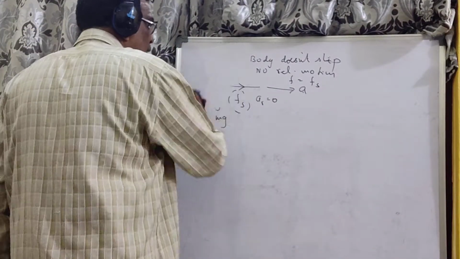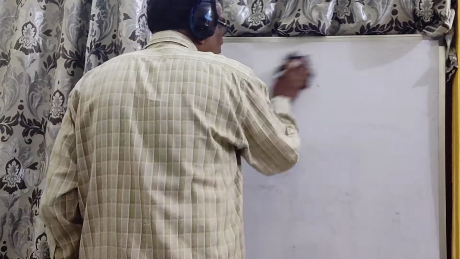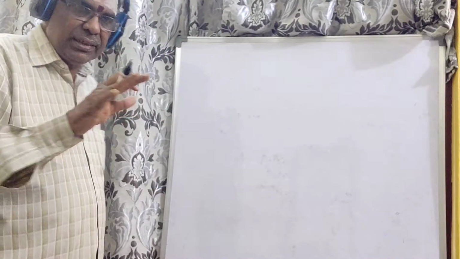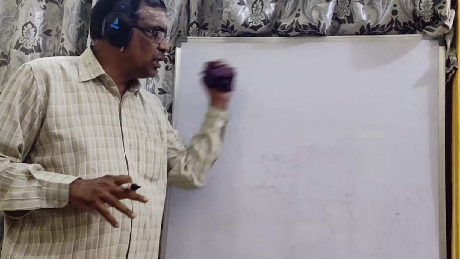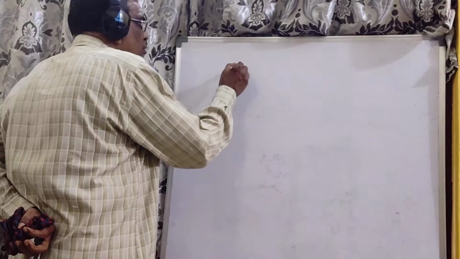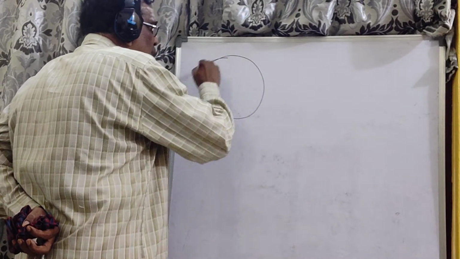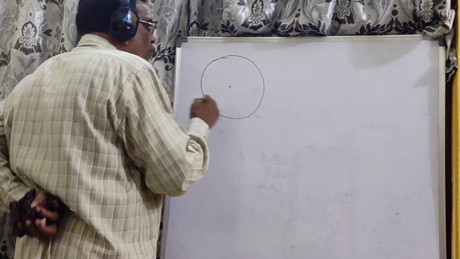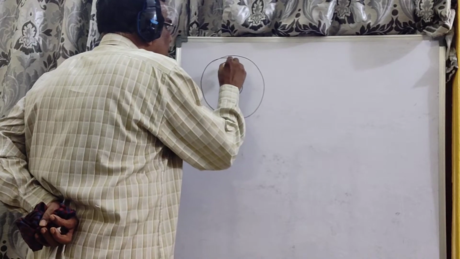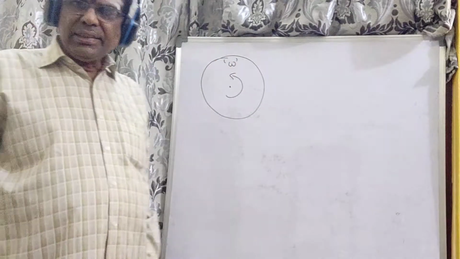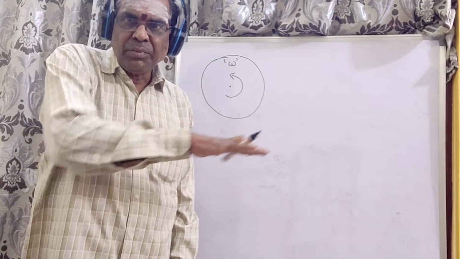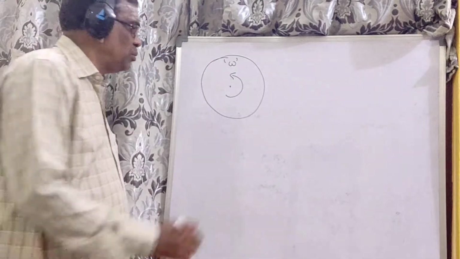Okay? Right. We still look at the horizontal cases. Initially we looked at how to move, etc. Now I'm looking at the static frictional force. Here is a disk rotating about a vertical axis with an angular velocity omega.